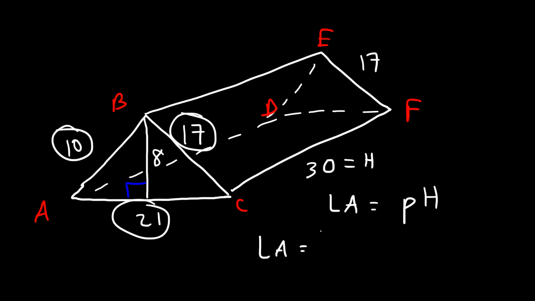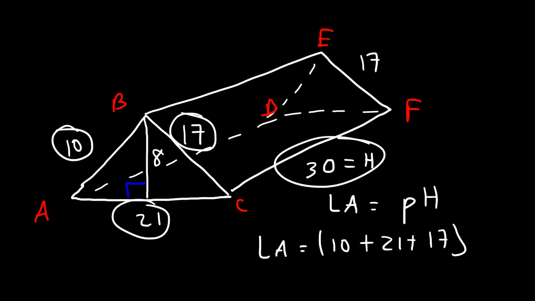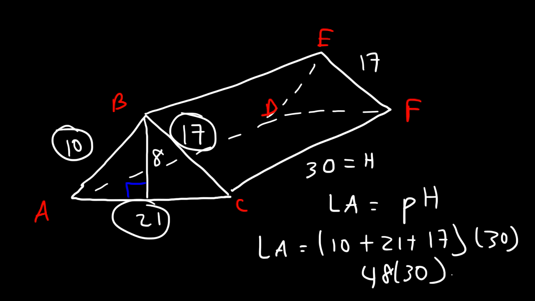So the perimeter is going to be 10 plus 21 plus 17, and the height, that's 30. Ten plus 21 plus 17, that's 48. And 48 times 30 is 1440. So the lateral area is 1440.